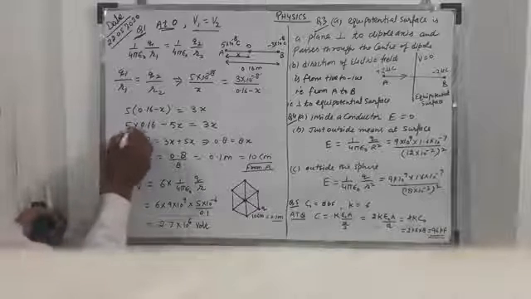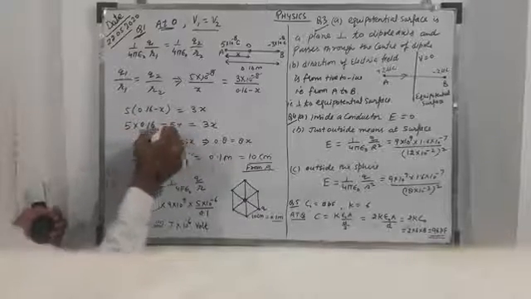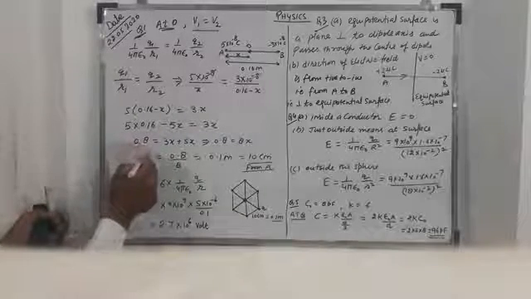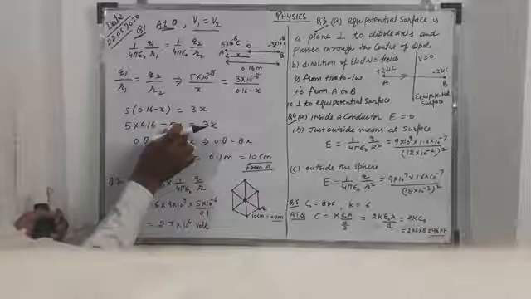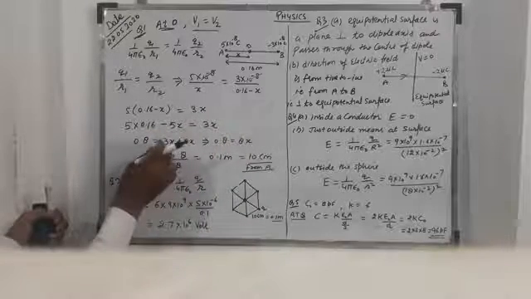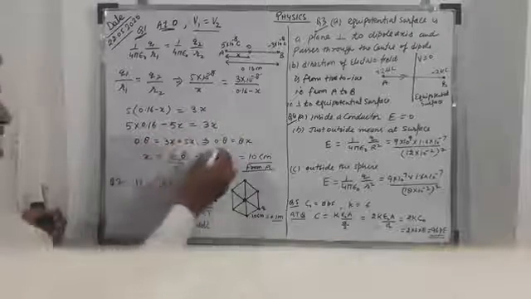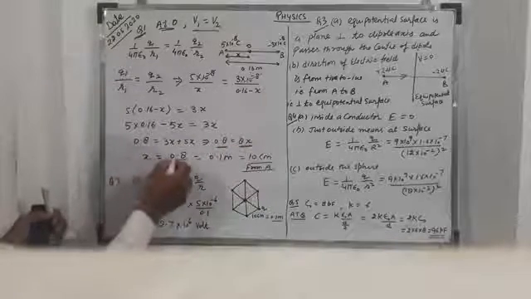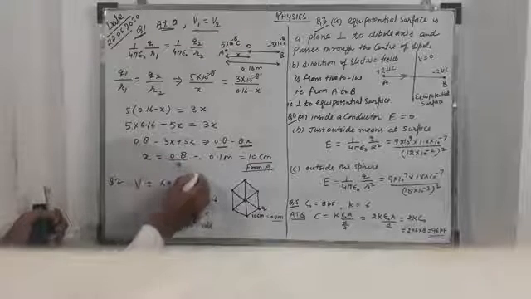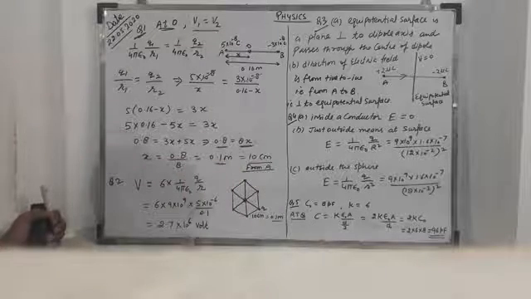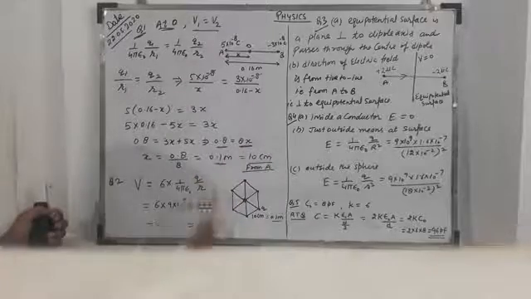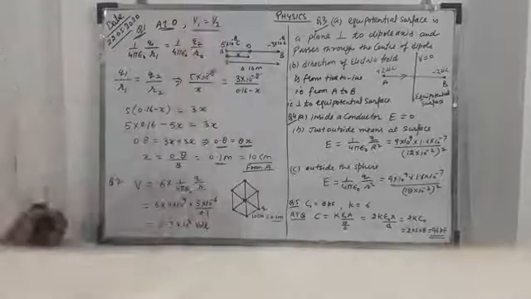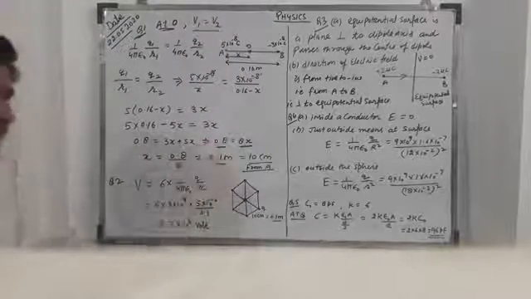In the next step, 5 into 0.16 minus 5x is equal to 3x, then we get 0.8 is equal to 3x plus 5x, so 0.8 is equal to 8x, or x is equal to 0.8 upon 8, and we get 0.1 meter, that is equal to 10 centimeter from point A. This is the answer.